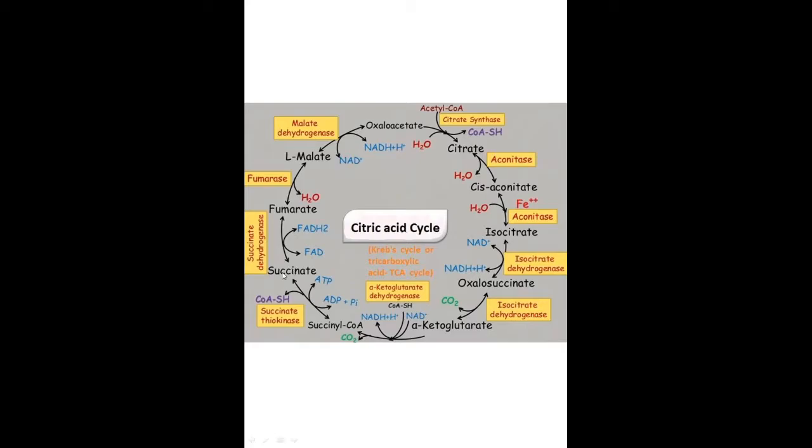In the next reaction, succinate dehydrogenase converts succinate to fumarate, but this is the only reaction in Krebs cycle where FAD is converted to FADH2. In other reactions, either NAD is converted to NADH or ADP is converted to ATP. This occurs because the energy of conversion of succinate is not sufficient to convert NAD to NADH.